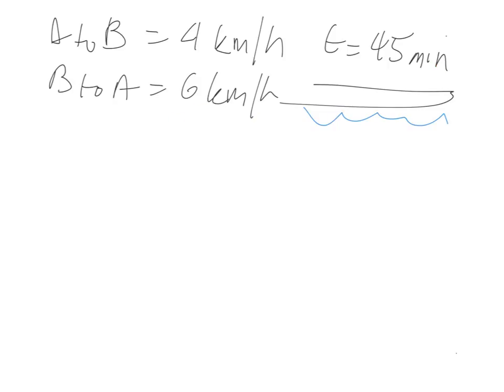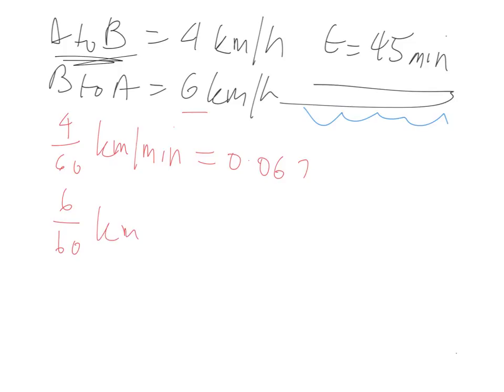Because we're given time in minutes, we want to convert these to minutes. We know that an hour is 60 minutes. So A to B will end up being 4 over 60 kilometres per minute, which is 0.067, and 6 over 60 kilometres per minute is 0.1.